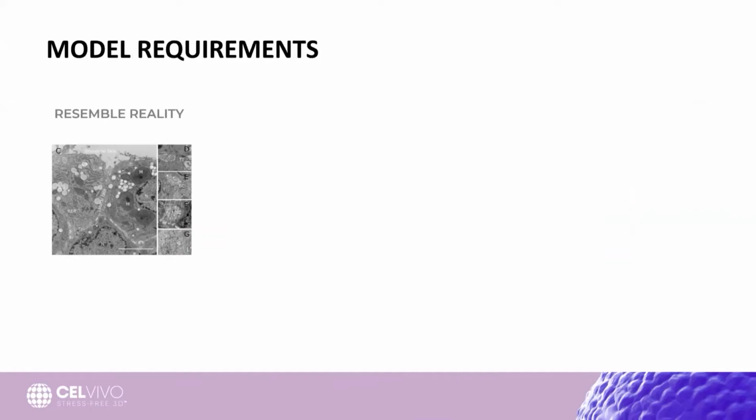To have a good model, there are some requirements that should be fulfilled, and one is that it should resemble the reality. So the model should resemble what you want to see in the reality. It should also be reproducible, not only within an experiment, but also from time to time.